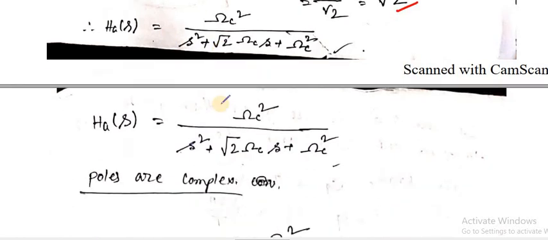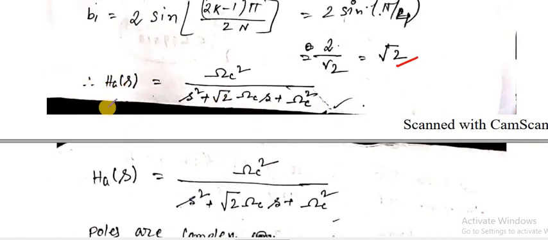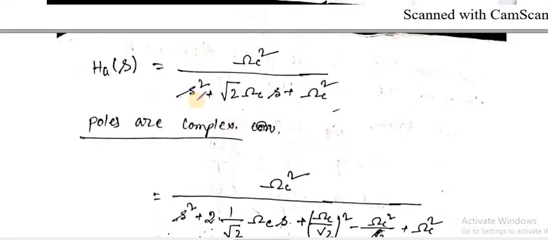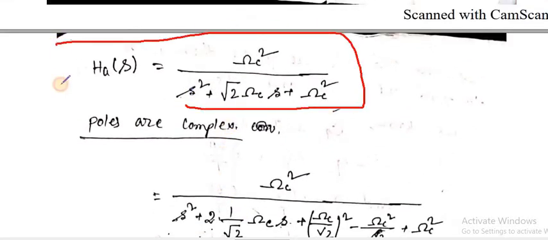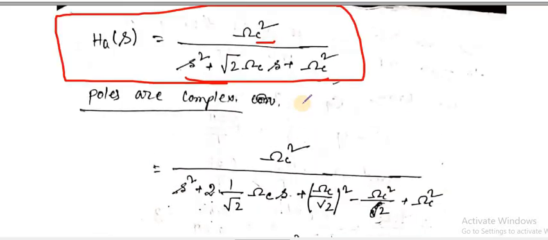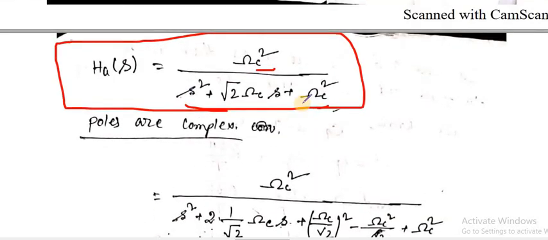So this HA of s is given by this, clear? Now we know the value of omega c, you can put the value of omega c here and calculate the final HA of s.